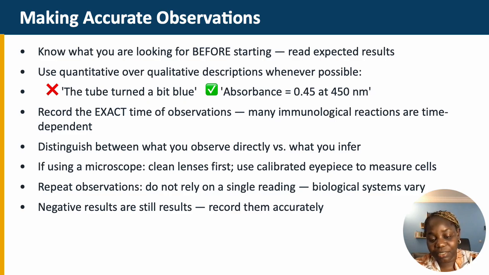Do not rely on a single reading, because in biology you can have triplicates. This is why you have biological replicates, as results vary. And negative results are still results, so record them accurately.